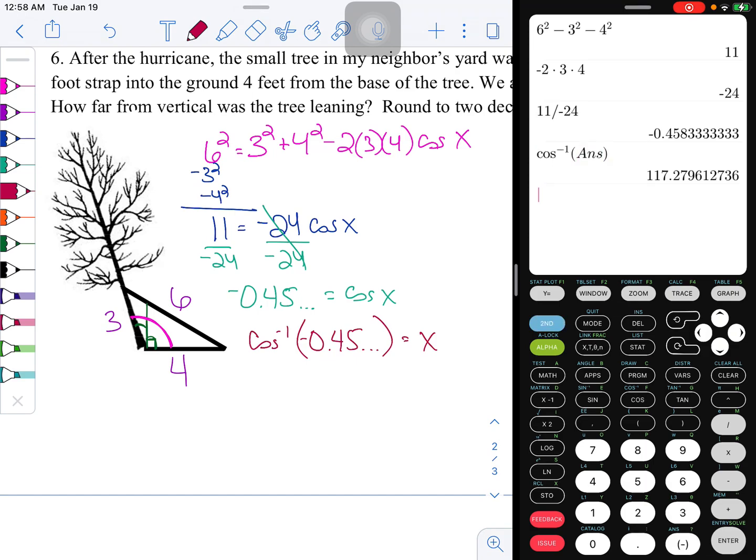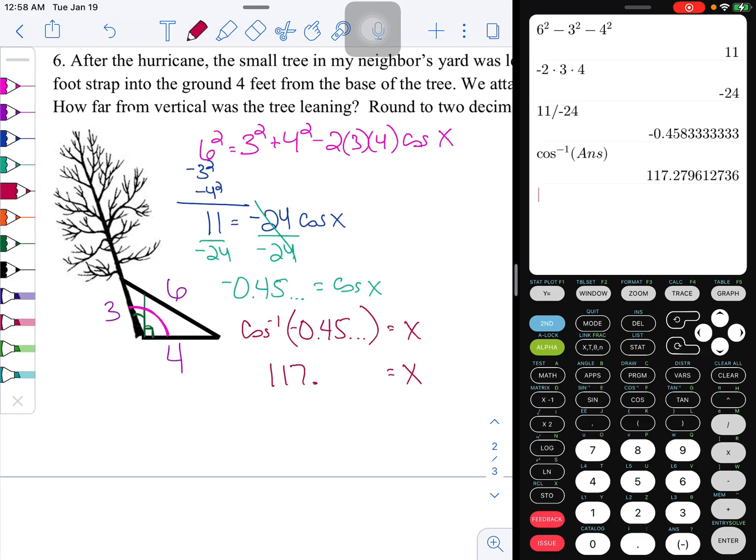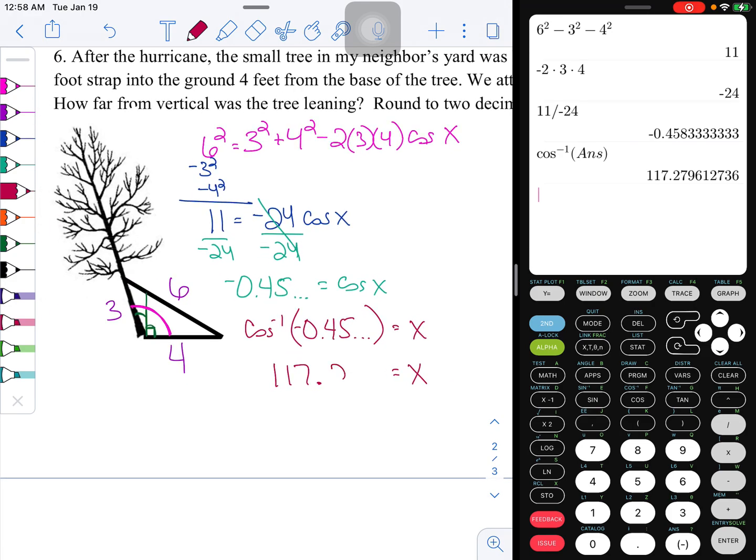So inverse cosine of the last answer. Now, x is equal to 117.28 degrees, rounded to 2 decimal places. So that would be the measure from the ground all the way up to the tree.